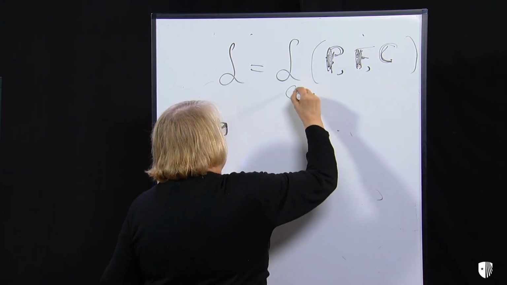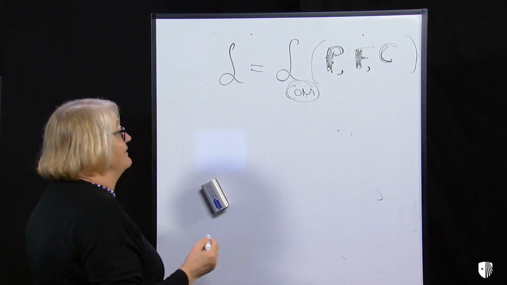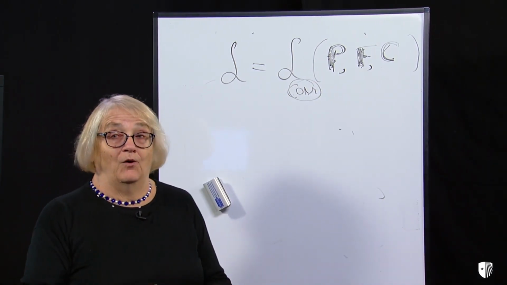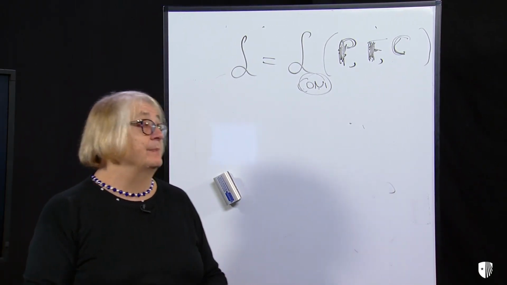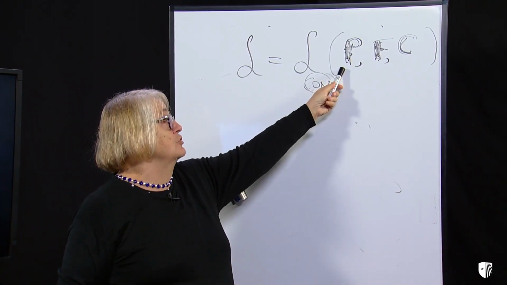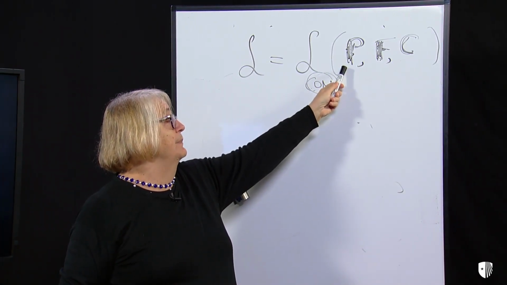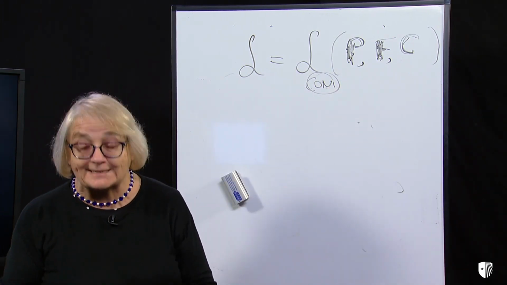And of course, we also have our connectives added, because they are all based on connectives. So any predicate language is determined by connectives, and the choice of predicate symbols, functional symbols, and constants.